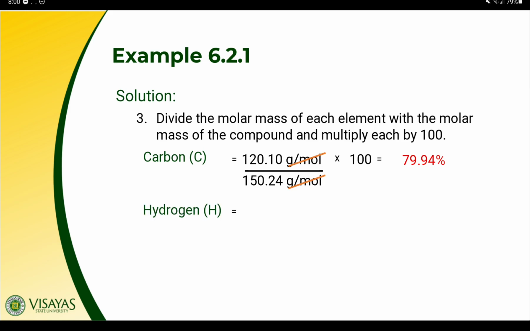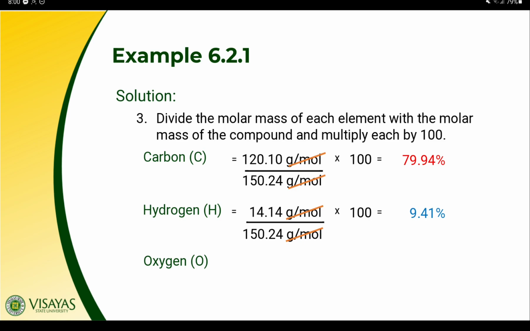For hydrogen, the molar mass computed in the previous slide is 14.14 grams per mole divided by the molar mass of the compound, which is 150.24 grams per mole, and we multiply that by 100, we get 9.41%.